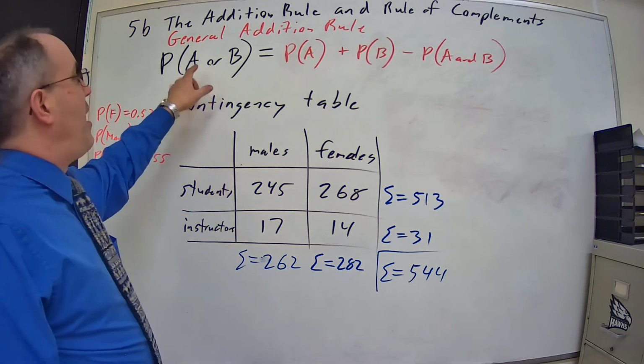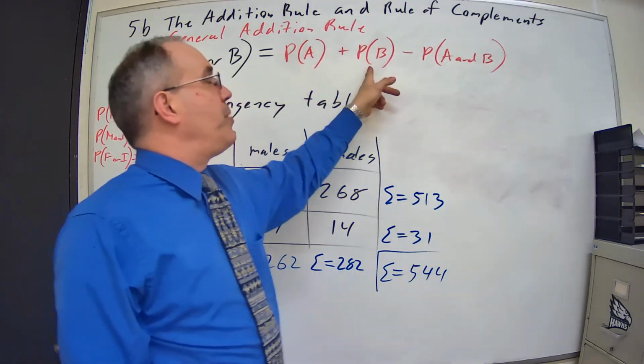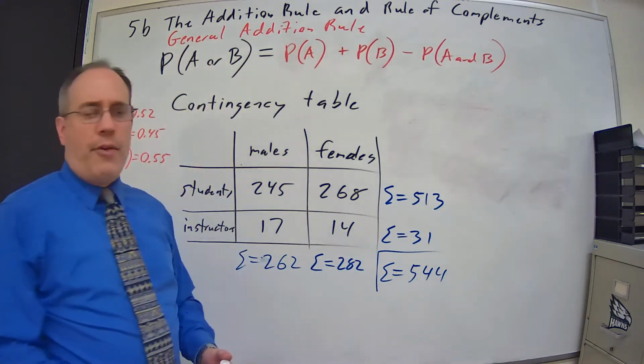So the probability that either A or B occurs is equal to the probability that event A occurs plus the probability that event B occurs minus the probability that they both occur. Okay, well that sounds good.